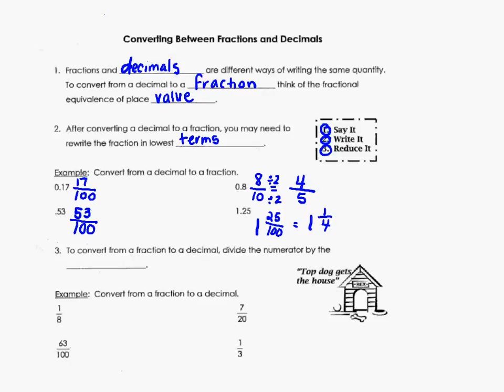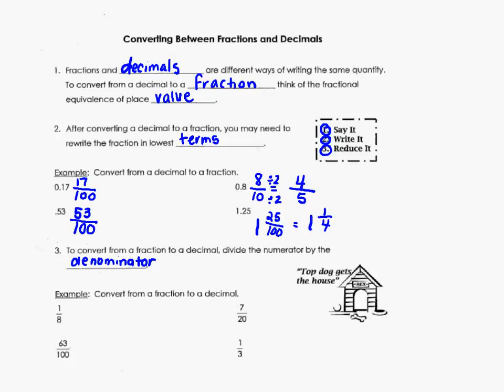To convert from a fraction to a decimal, I'm going to divide the numerator by the denominator. We can remember it by saying the top dog goes in the house.